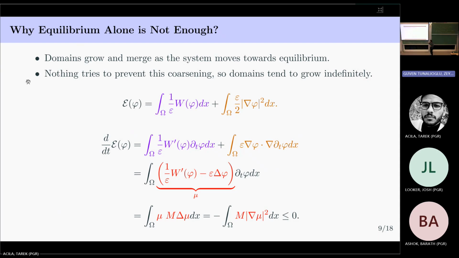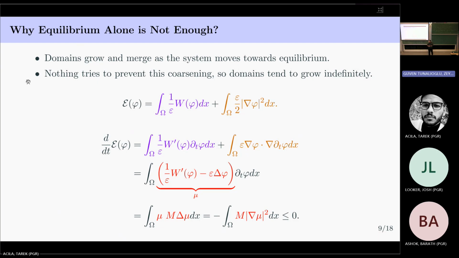So even if I show you the rate of change of the energy, right, and I use my energy, take the time derivative, I'll use integration by parts here. Because I have a no-flux boundary condition, I get rid of all the boundary terms, and my mu, my chemical potential, appears again. Using integration by parts again, the force appears again.